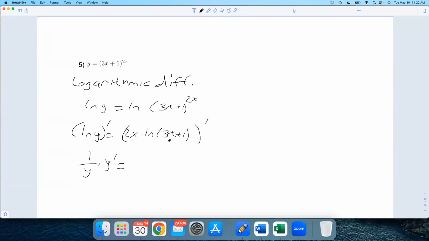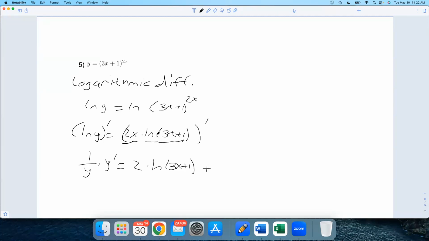Over on this side, I have to use product rule. I've got a product. Here's one function. Here's another. And when I get to that guy, I'm going to have to use chain rule. The derivative of 2x is 2 times leave the second alone, plus derivative of the first one, derivative of the second.